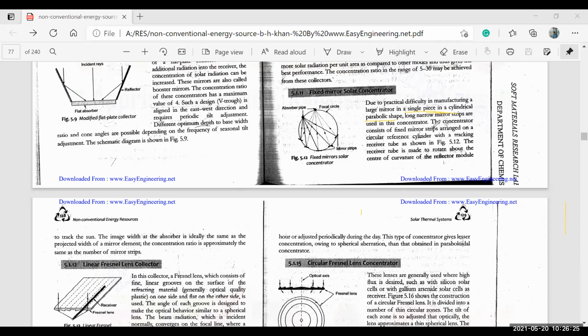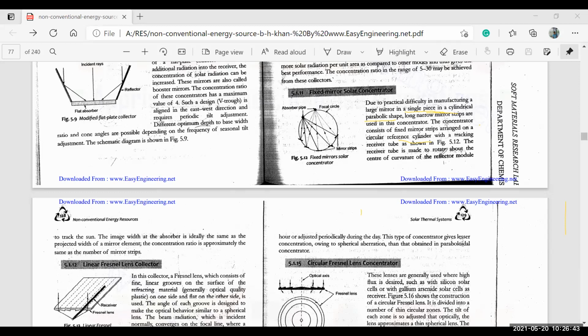The concentrator consists of fixed mirror stripes arranged on a circular reference cylinder with the tracking receiver tube, as shown in this.